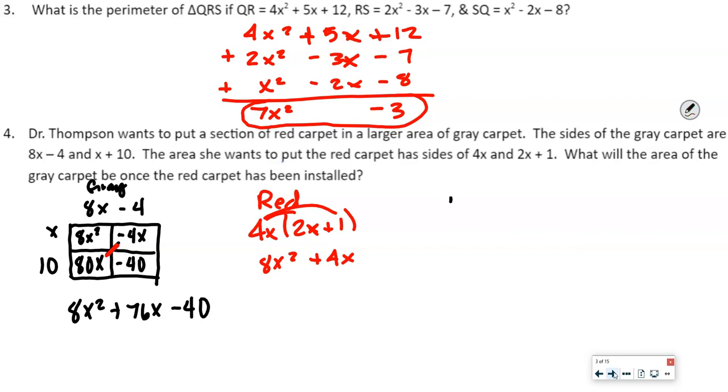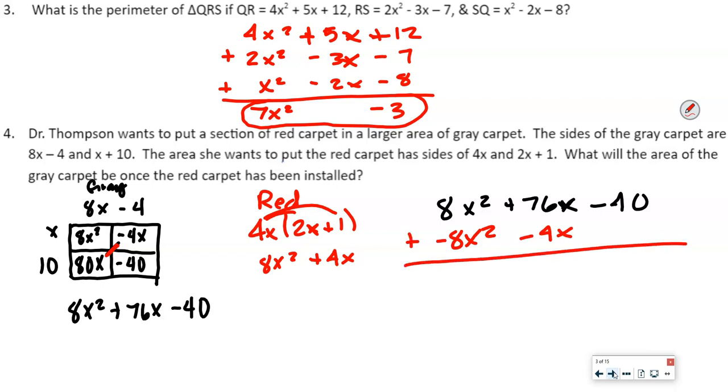So we're going to take our gray carpet, 8x squared plus 76x minus 40, and we're going to subtract from it the 8x squared and the 4x. So we make them both negative, change the signs of both. That's really the key, okay?